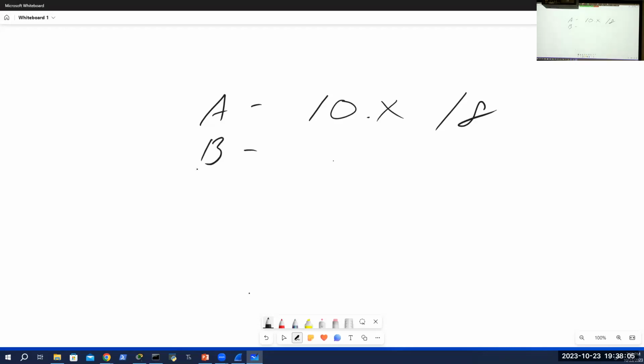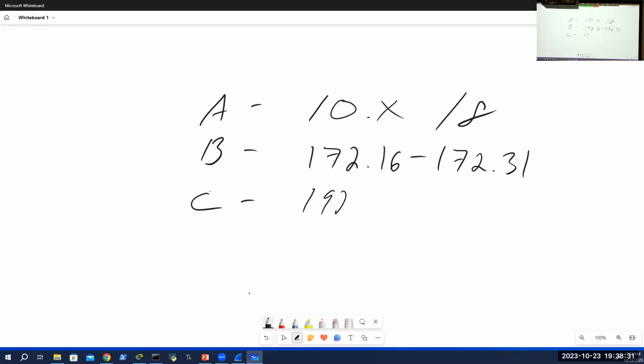For class B, it's 172.16 through 172.31, which is private. And for class C, anything 192.168 is a private IP address, which just basically means what?